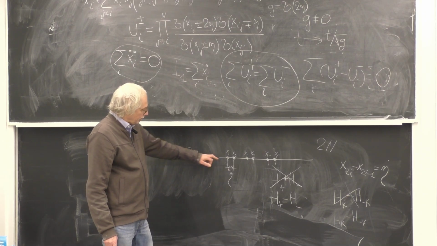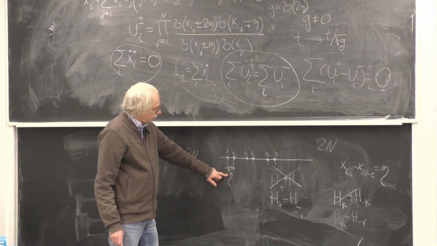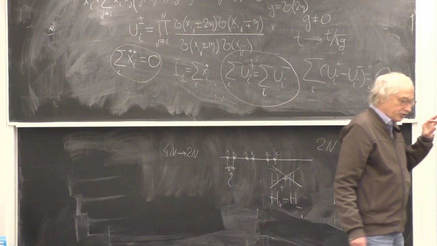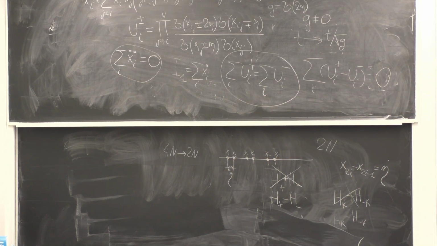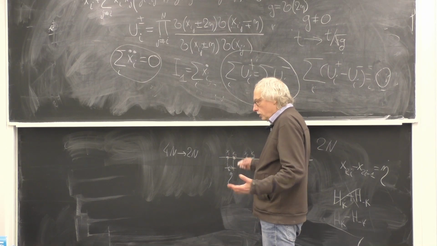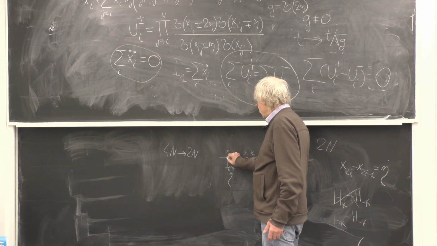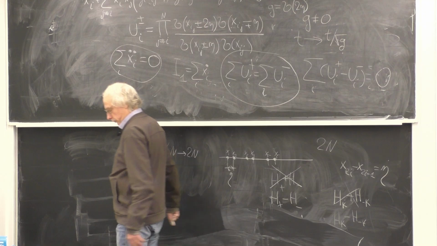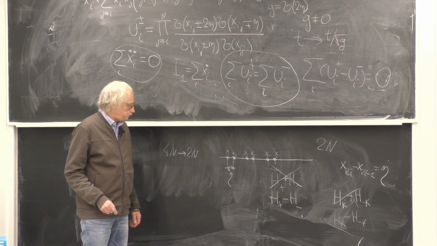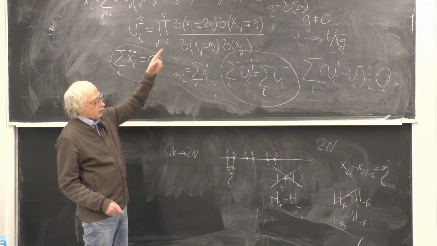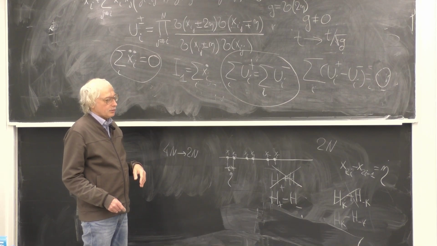It's important that this distance is exactly eta, because eta is a distinguished scale in space in this model. If we put it equal to some other value, then everything is destroyed. Eta is important because it enters the Hamiltonian.